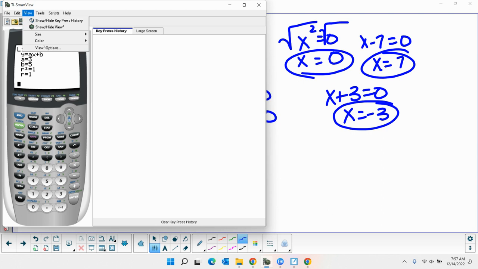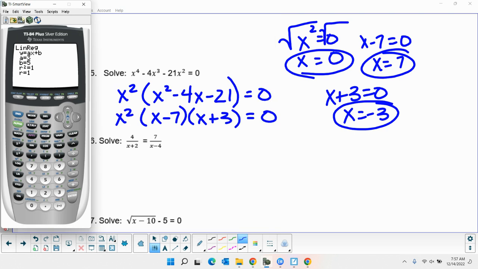So, if you want to on those, just put it in x to the 4th minus 4x to the 3rd minus 21x squared and graph it. Wherever it crosses the x-axis are your answers.